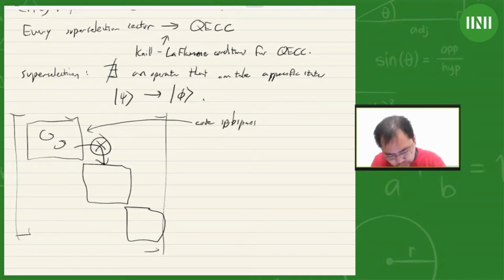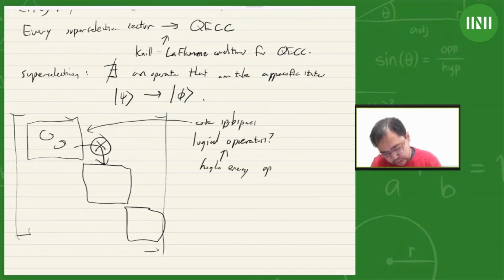And then you can ask, well, if that's the case, isn't this too good? What are the logical operators? These logical operators are always, for example, high energy operators that break superselection.